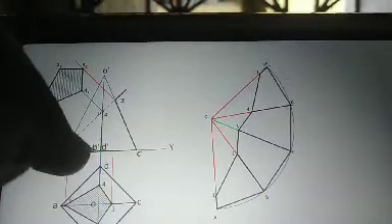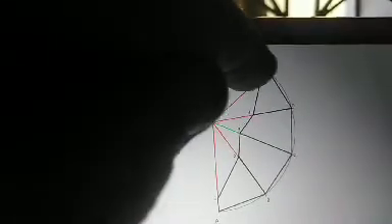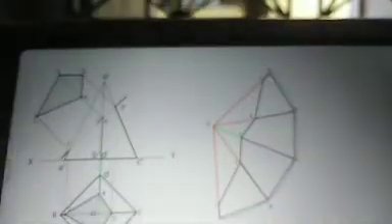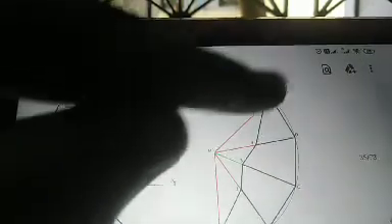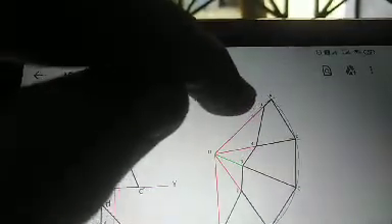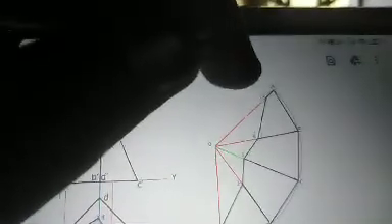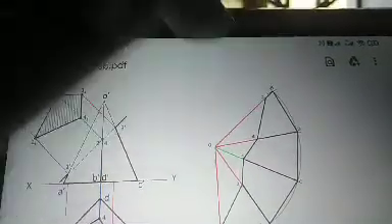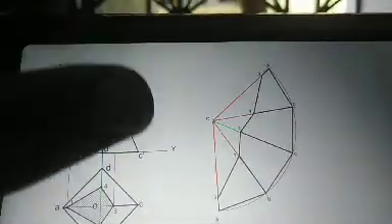And for D dash to 4 dash, again mark here, and you will get point 4. Again A dash to 1 dash, take a distance A to 1, take your compass and mark from A dash to 1. You will get point 1, 2, 3, 4, 1 respectively.